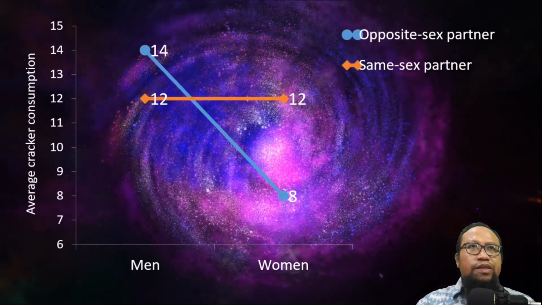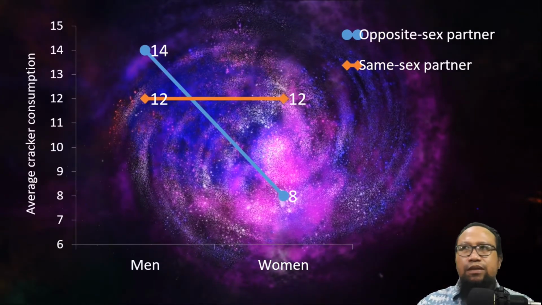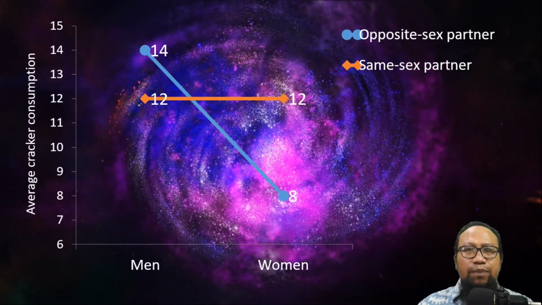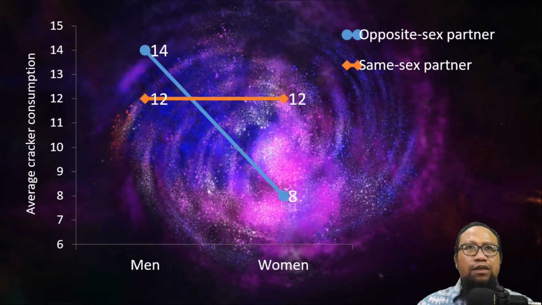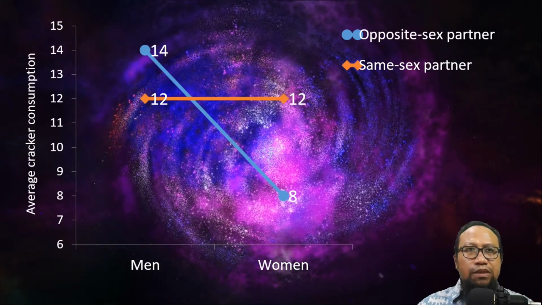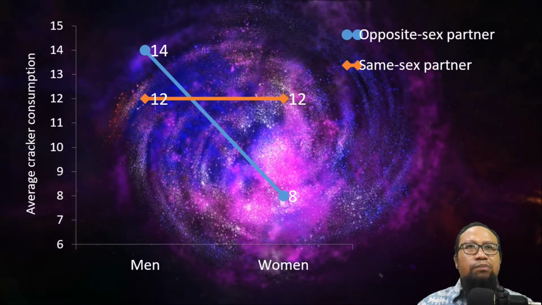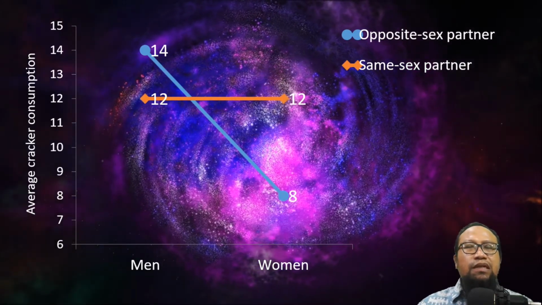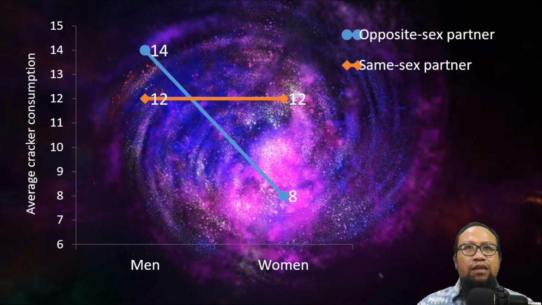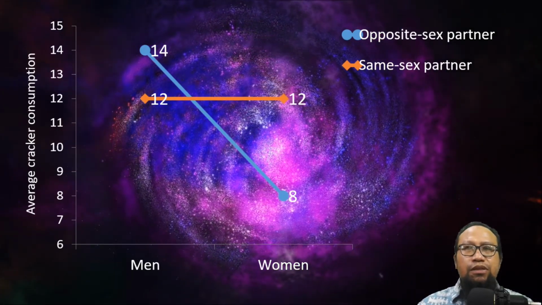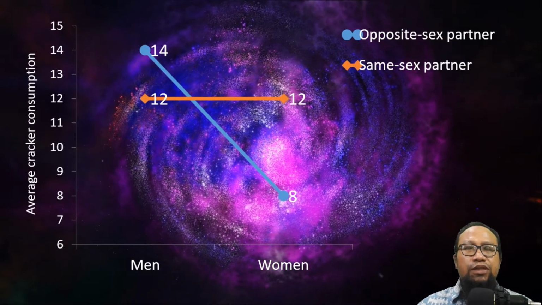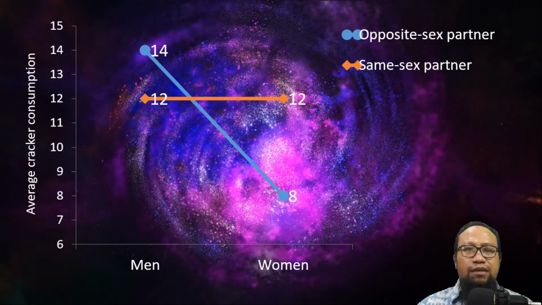This is the result of the experiment. The interaction happens when the effects of one factor, here male and female participants, change depending on the levels of the other variable, here the same gender versus the opposite gender of the partner.